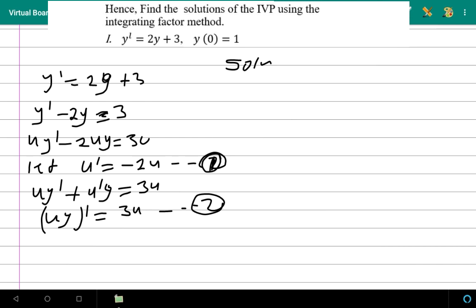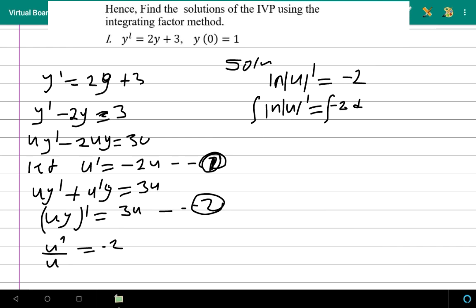Now from equation 1, I can have u prime over u equal to negative 2. And from this, I can have (ln u) prime equal to negative 2. Take the integral on both sides, and that is going to give me ln u equal to negative 2t plus c.